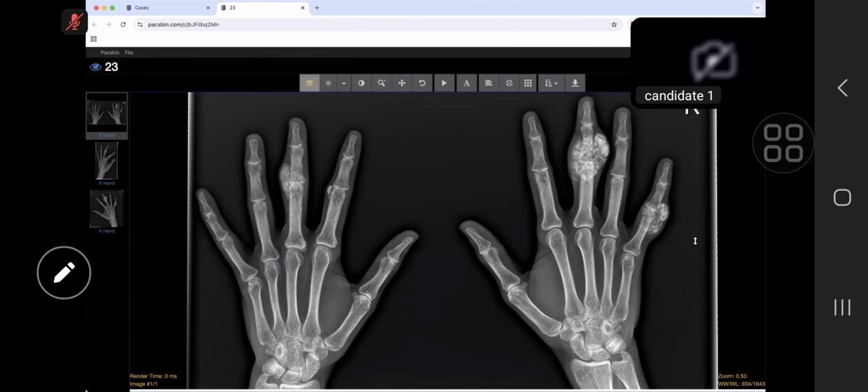Other differentials could be calcifications because of renal failure and tumoral calcinosis. But the topmost priority will be scleroderma and the calcinosis cutis associated with scleroderma patients.